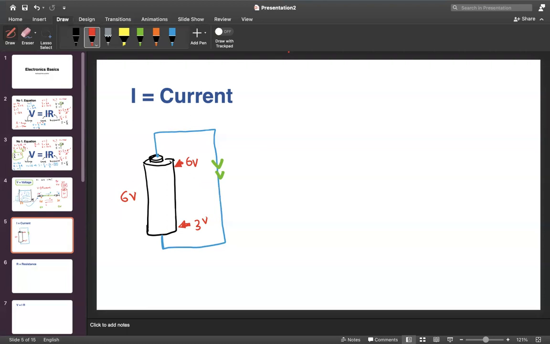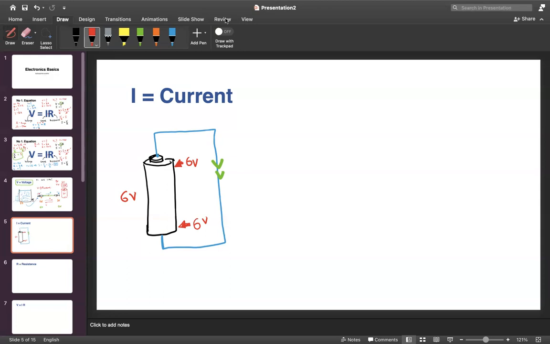So now I want you to understand what happens here. The current is flowing from which side to which side? From higher volts to lower volts. Right. What happens if this also becomes 6 volts? Both sides are 6 volts. What happens then?